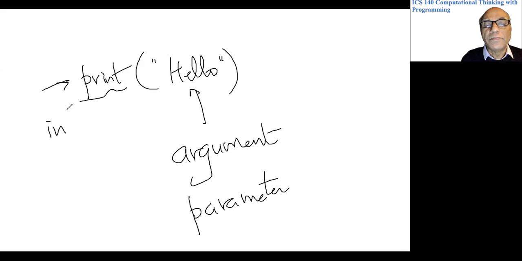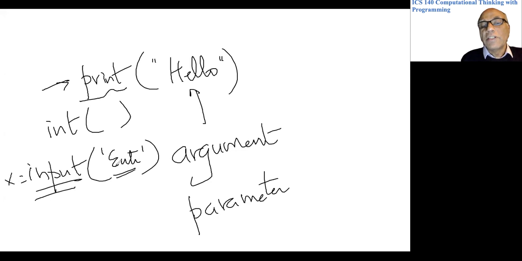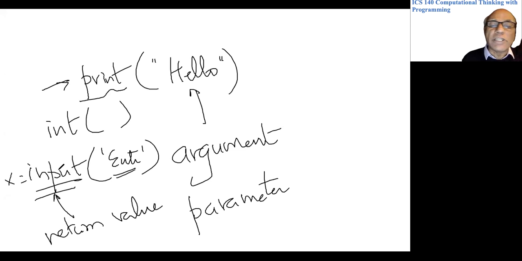Or int is a function. Input is a function. Okay. X equals input. And this is a function call. You're passing a parameter that displays something on the screen, and this comes back with a value. This is a return value. It is bringing you something. It is bringing you a piece of text, whereas print doesn't give you anything back.